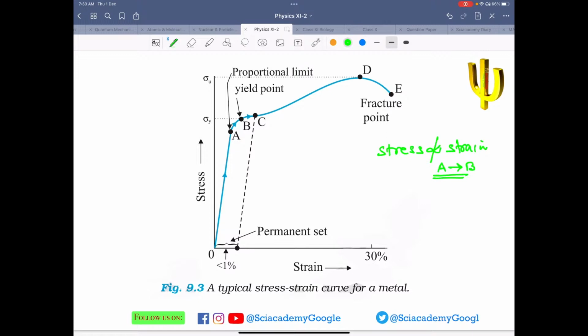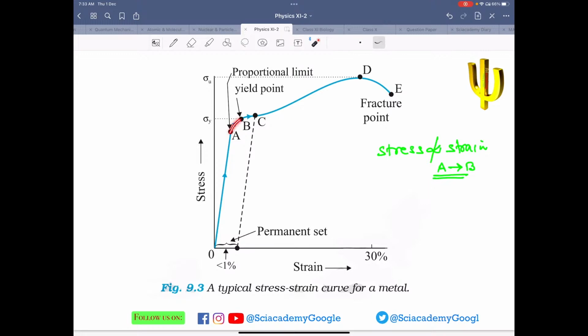In spite of that, the body returns to its original dimension after the load is removed. That means in the region A to B, the restoring capacity of the body is present.